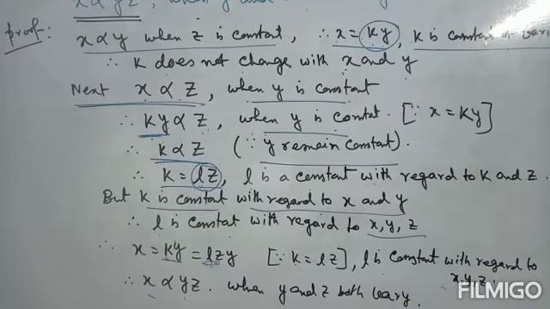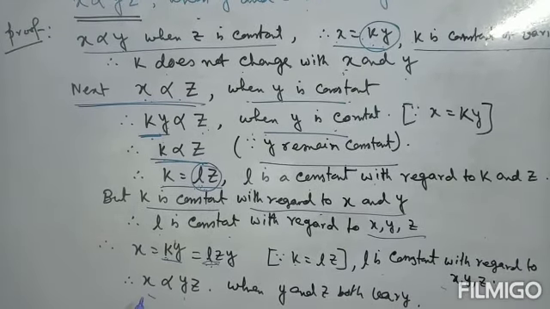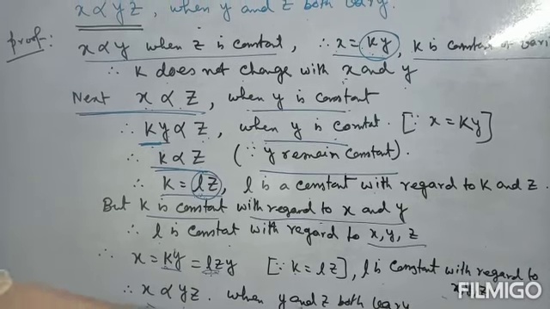This is the proof of the theorem of joint variation.